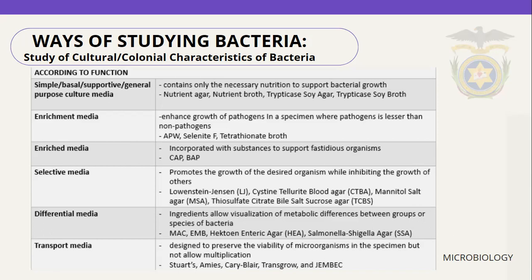Our examples are MAC, EMB, Hektoen enteric agar, and Salmonella-Shigella agar. The last one is our transport media, and these are designed to preserve the viability of microorganisms in the specimen but not allow multiplication. Our examples here are Stuart's, Amies, Cary-Blair, Transgrow, and Gherardi.